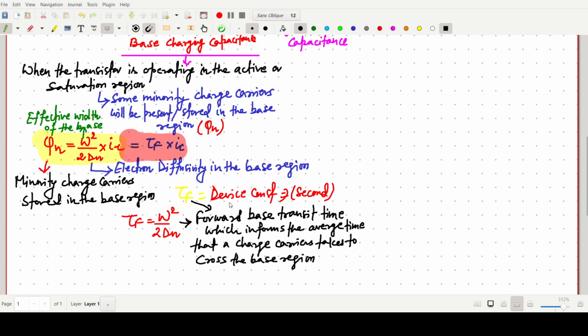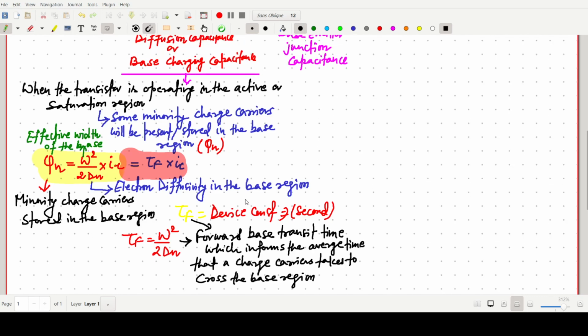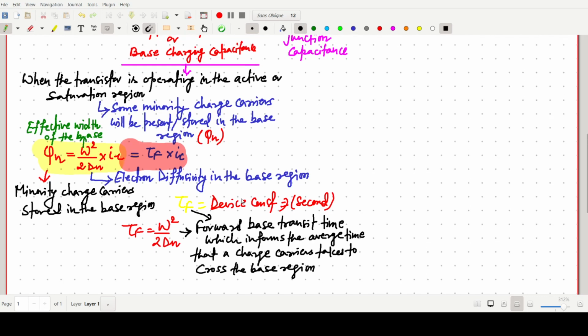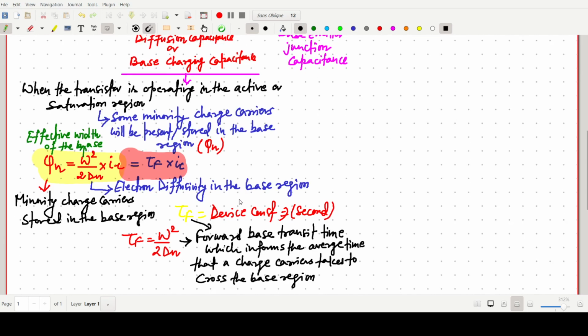So we have already, the main thing is this one, the base charging capacitance. Sorry, this one we are talking about the base charging diffusion capacitance. Once again I am writing the formula. This Qn equals to W square by twice times of Dn into Ic.